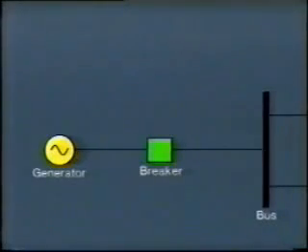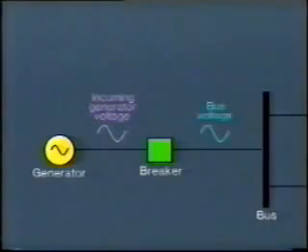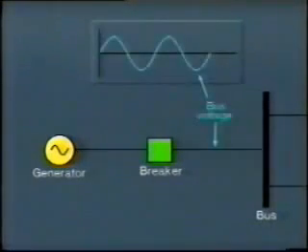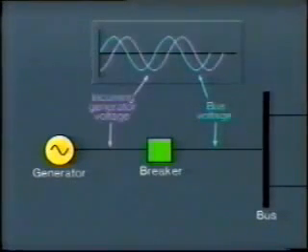The third, very important factor is that the incoming generator voltage must be in phase with the bus voltage. What do we mean by this? Well, look at this example showing one phase only. Here is the sine wave representing the bus voltage, and here, superimposed, is the incoming generator voltage. You can see that the generator is over 90 degrees out of phase.